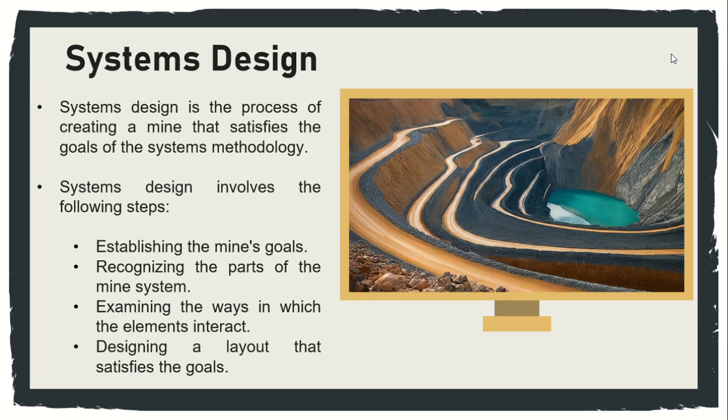System design is the process of designing a mine that meets the objective of the system approach. The steps include defining the objectives of the mine, identifying the components of the mine system, analyzing the interaction between the components, and developing a design that meets the objectives. The system design process is iterative, meaning that it is repeated multiple times until a satisfactory design is achieved.